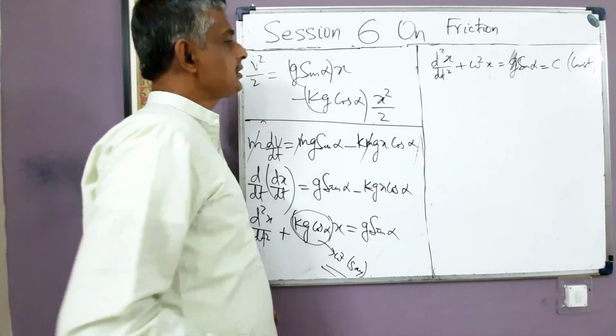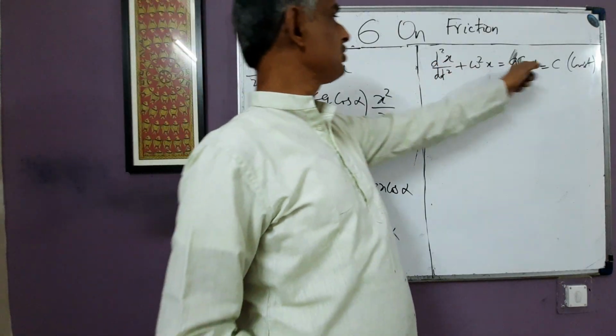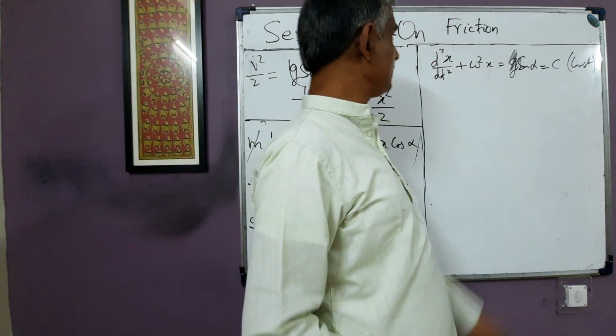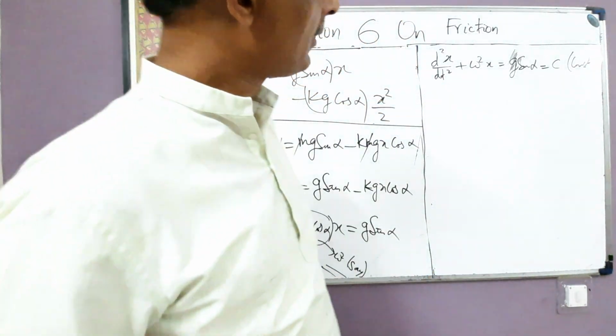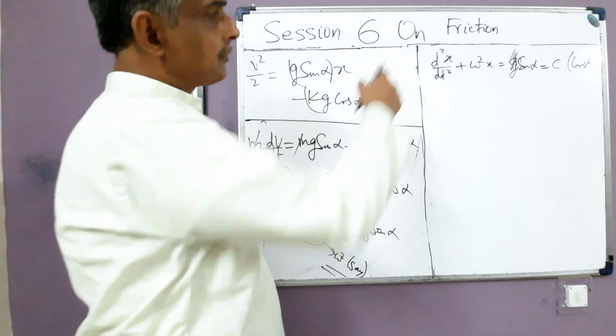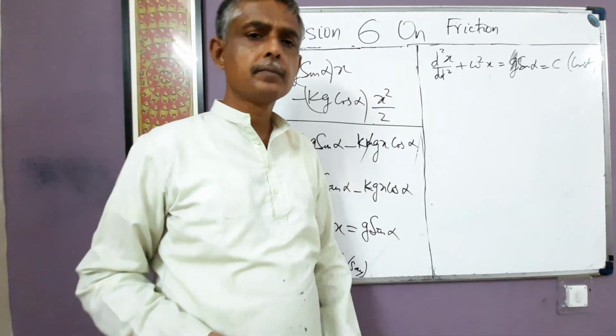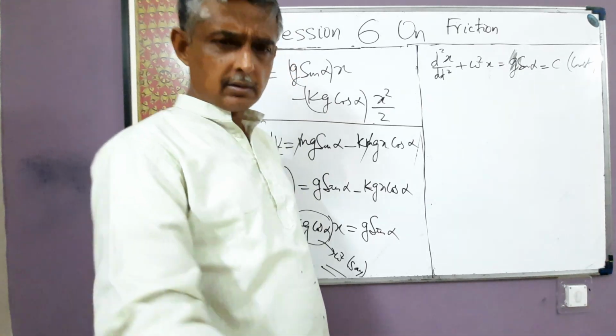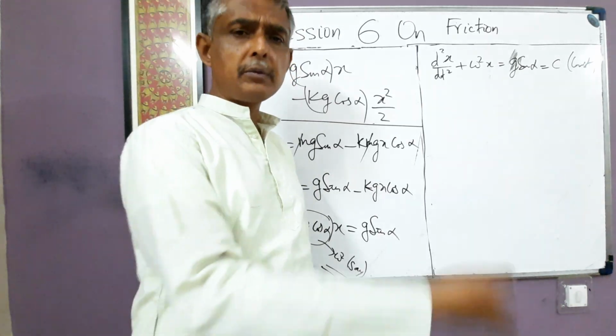Okay. Now see, this differential equation is a second order linear differential equation with t as the independent variable and x as the dependent variable. You must know that the solution of this differential equation is very important. Solutions of such types of problems are frequently asked in JEE Advanced, for example 2024, 2023.